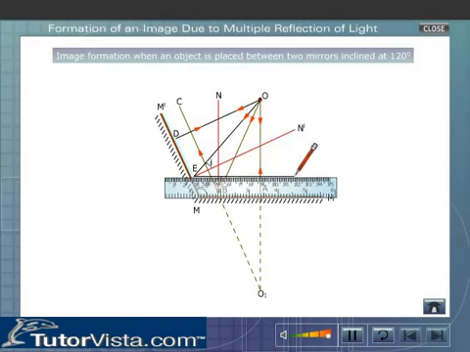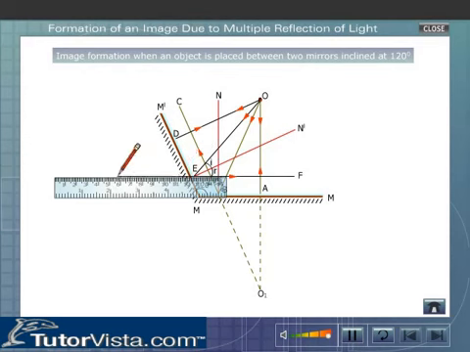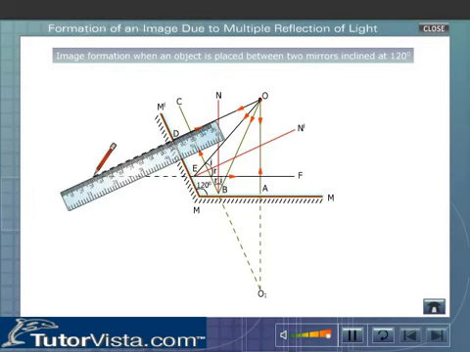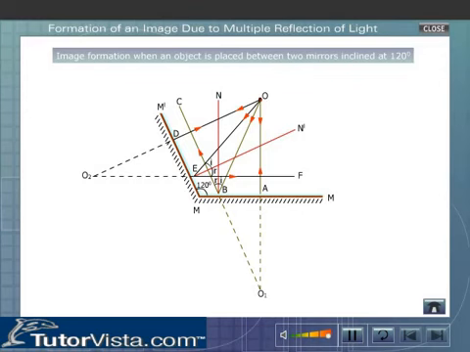OE gets reflected along EF according to the law of reflection, and OD being perpendicular to the mirror MM' retraces its path. Extend EF and OD backwards. The point of intersection O2 gives the position of the image. Thus, when the angle of inclination is 120 degrees, we get two images.